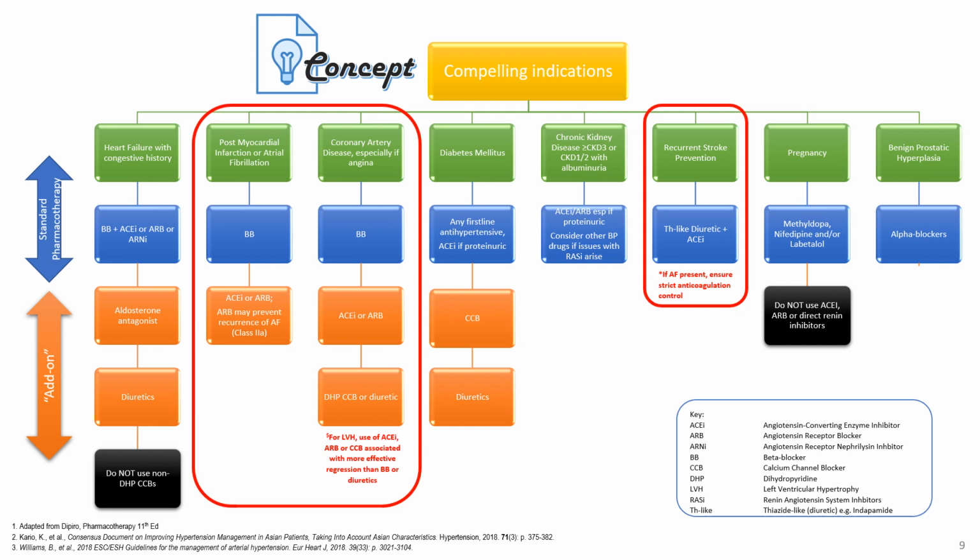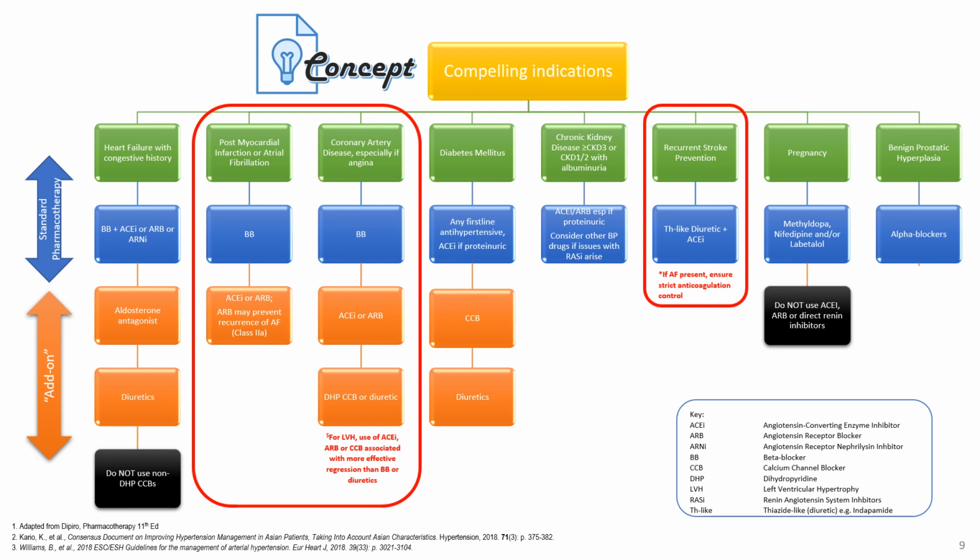So with respect to all these indications and comorbidities, the short way of describing this is that the ones in blue boxes are often agents that will be compellingly indicated in the various conditions anyway. For example, in stroke prevention, if you needed to treat blood pressure, and as I mentioned in the earlier slide, the blood pressure lowering effect is not always correlated with the benefit of the drug in the various comorbidities.